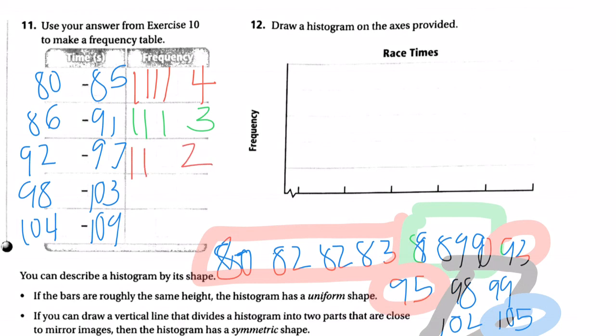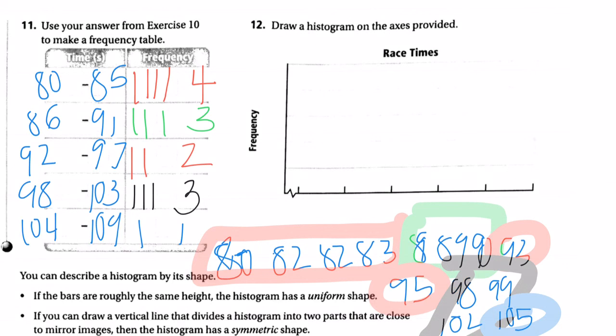So that's 2. For 98 to 103, I have 98, 99, 102. And then for the last one, I just have 105. So that's 1. So my frequencies are 4, 3, 2, 3, 1.